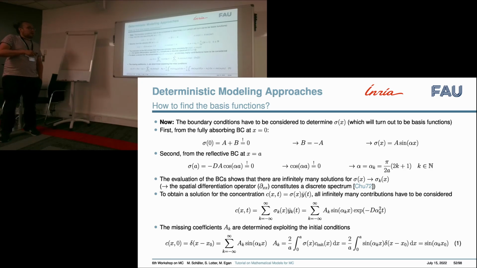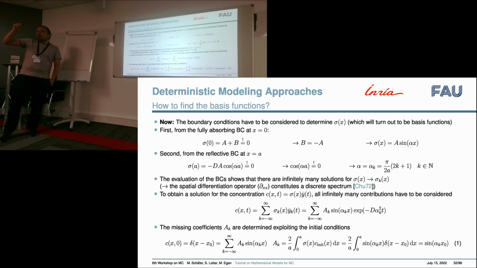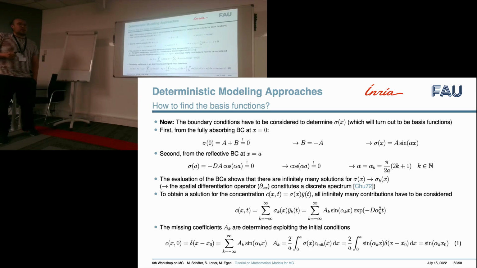Mathematically speaking, coming from system theory, we can also say the spatial differential operator constitutes a discrete spectrum. So we have these discrete points of solution which constitute the spectrum of the operator. To obtain a solution for the concentration, we have to sum up all these components.